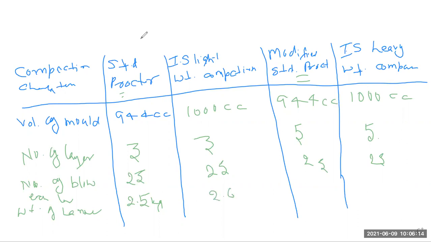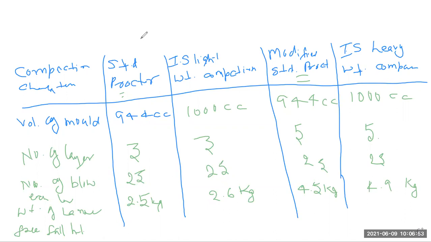Here also 2.6 kg for Indian standard lightweight compaction. For modified, 4.5 kg. For Indian standard heavy compaction, 4.9 kg hammer is used. Free fall height means the height from which the hammer falls.